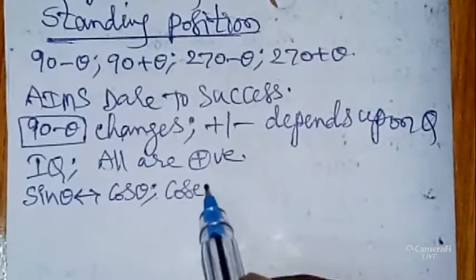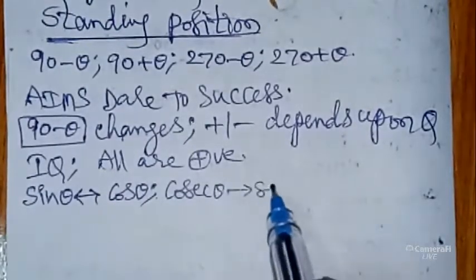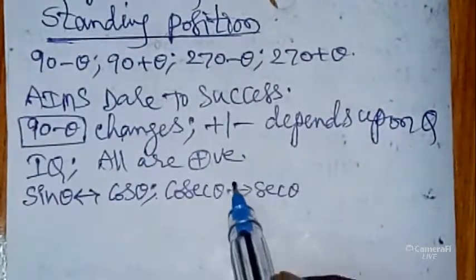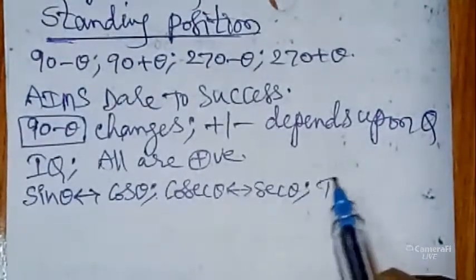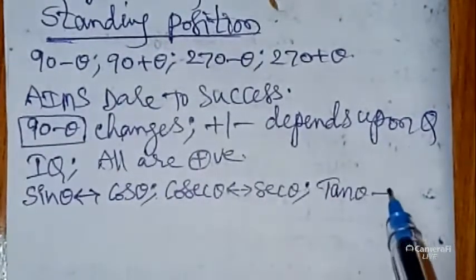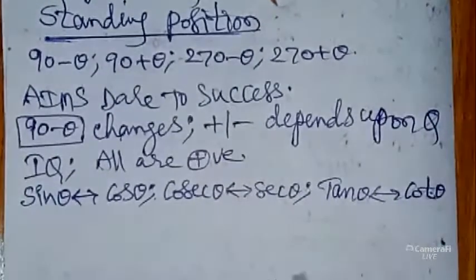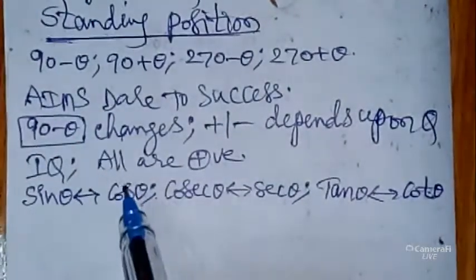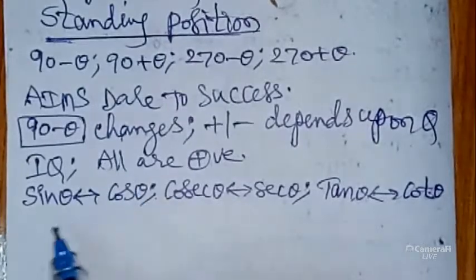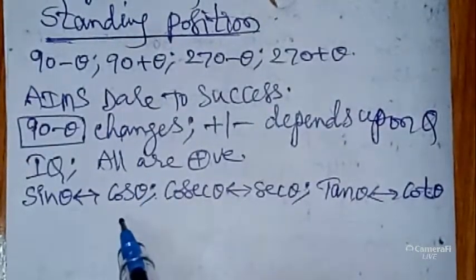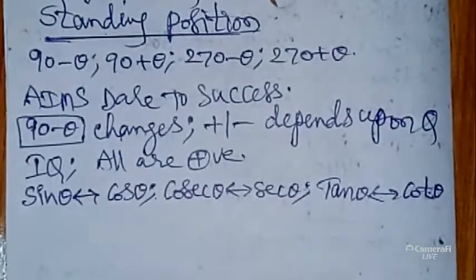Next cosecant will change to secant, secant will change to cosecant. Next tan will change to cot, cot will change to tan. It is our logic. Here changes are applicable, so this is changes related information.